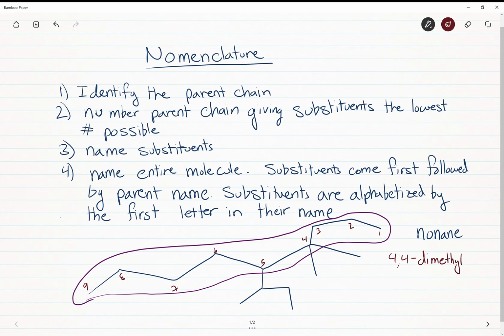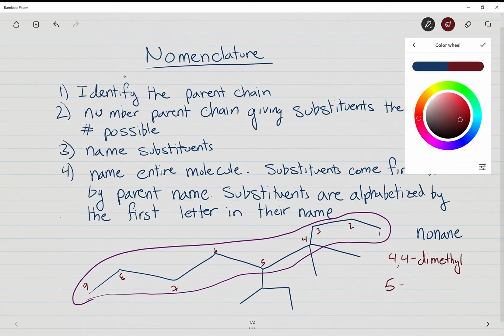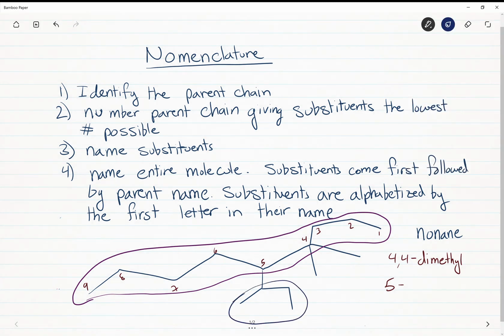At the last location where there is a substituent, which is 5, we have an interesting looking substituent. You will see that if I circle it and you count how many carbons there are, there's 4 carbons in this substituent. So it is a butyl group, but it is not a typical butyl group.